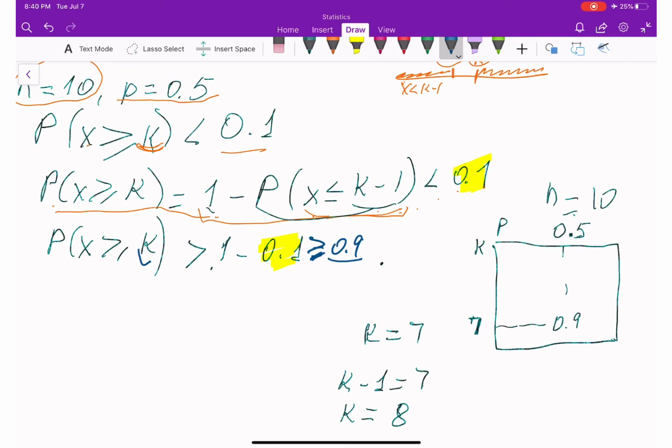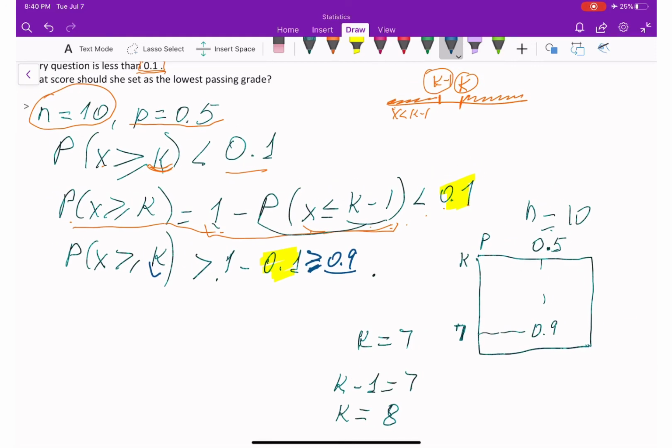Our probability is 0.5, so we are opening the binomial cumulative table, which is also given with the problem. Once we open the binomial cumulative table with n equal to 10, there we go, because there are different n value tables also. N is equal to 10. Then I am taking 0.5 as the probability. And since I don't know how much my k is, this whole column is k.